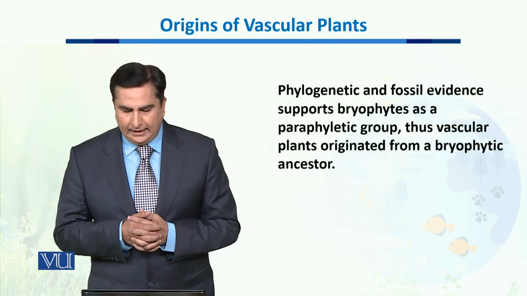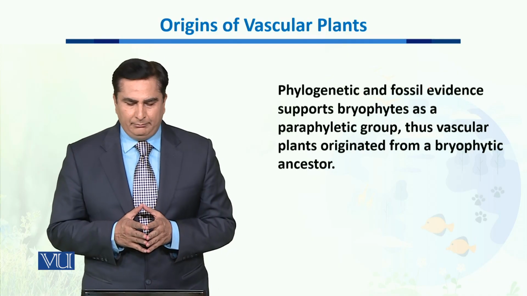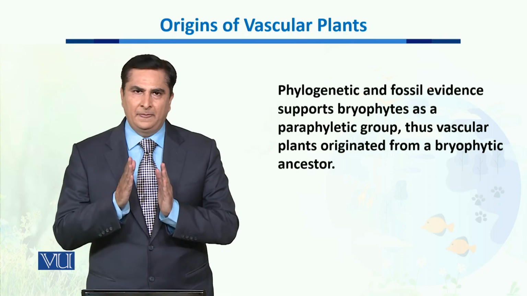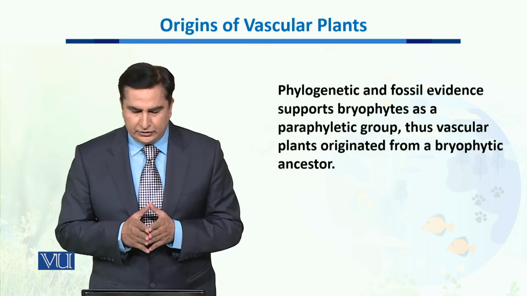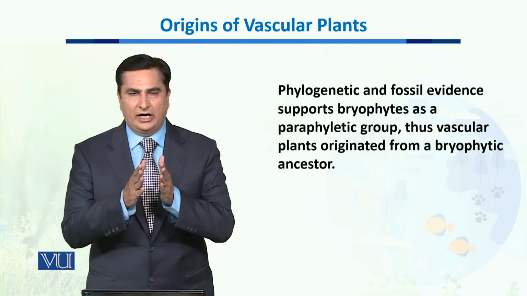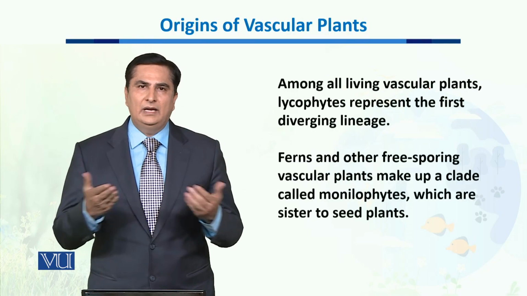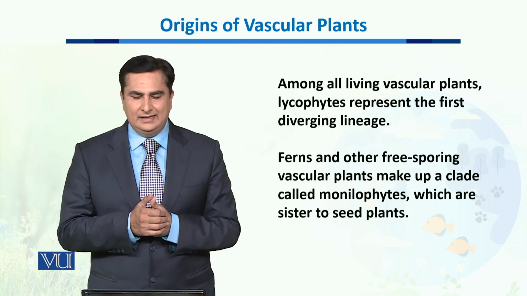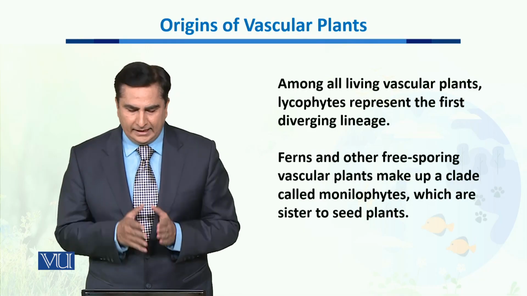Now, phylogenetic and fossil evidence support bryophytes as a paraphyletic group. Thus, as we have seen in that diagram, the main lineage was the vascular plants, which originated from bryophytes. And among all living vascular plants, lycophytes represent the first diverging lineage.